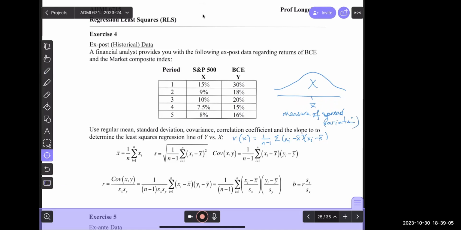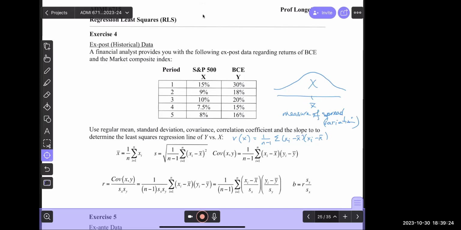A suggestion is to take each value and subtract the mean to see how far away you are. You're going to do that for all the values.